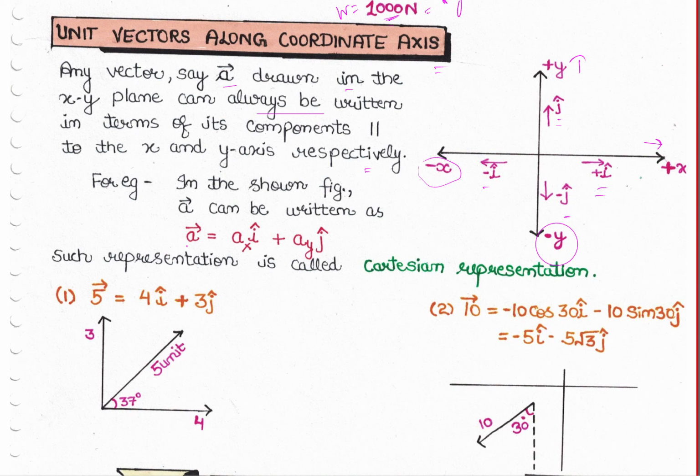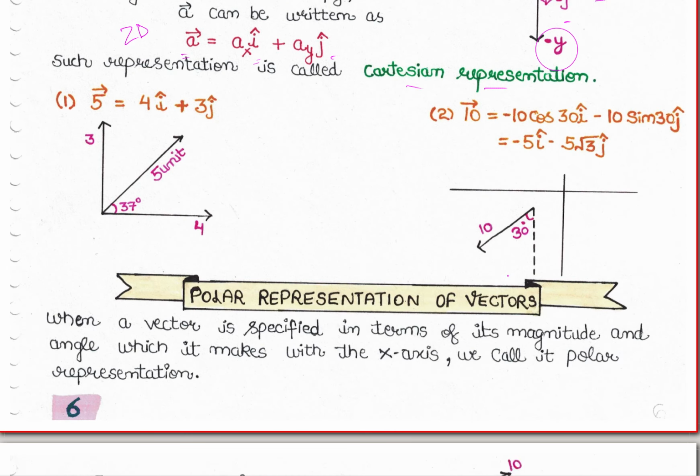So we can write a vector A as Ax i cap plus Ay j cap. This figure is in 2D. Such a representation is called Cartesian representation. Now in this example, if a vector is equal to 4 i cap plus 3 j cap, how can we draw this?